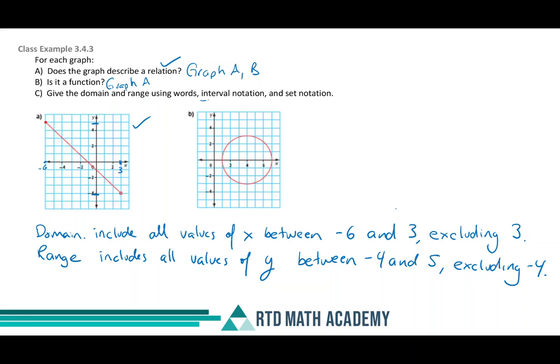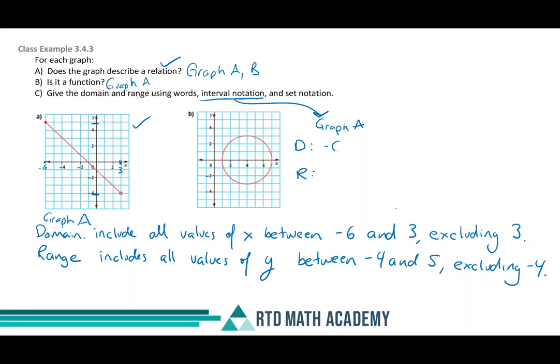So interval notation for graph A. This is graph A. We've already talked about the domain and the range. Again, like I said, we are going to go into a little bit further detail as to the difference between interval and set notation in the next lesson. So in this particular case, if you're getting the hang of it, that's awesome. We always start with the smallest number.